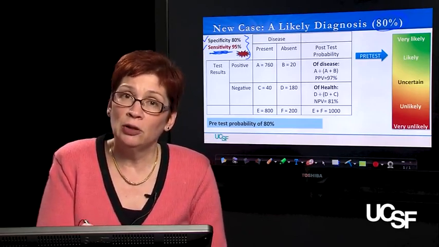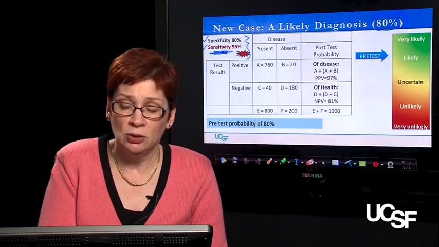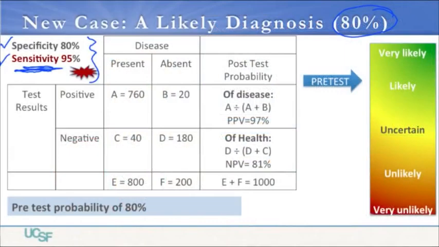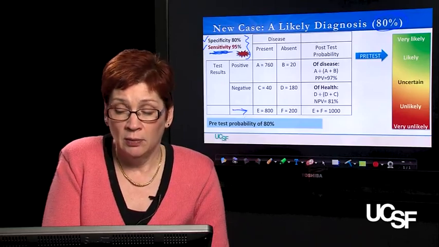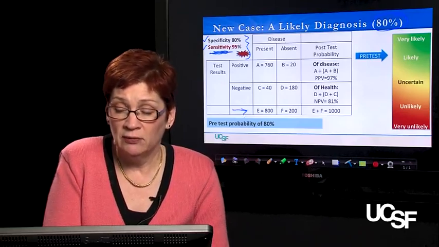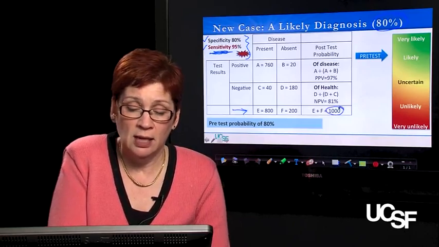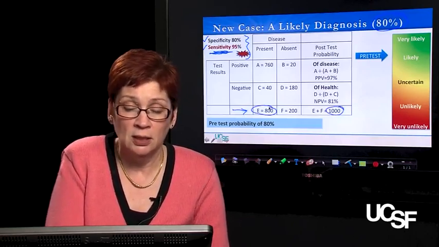Again, we filled out the quadrants in this 2x2 contingency table, starting with our prevalence. We said that 80% of people who look like Mrs. Trigliani will end up having a pulmonary embolus in this environment. So we started with 1,000; 80% times 1,000 is 800.